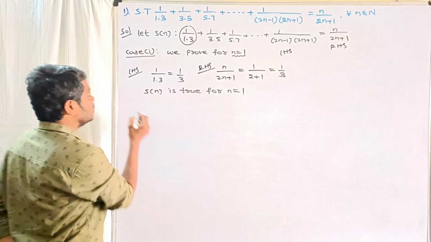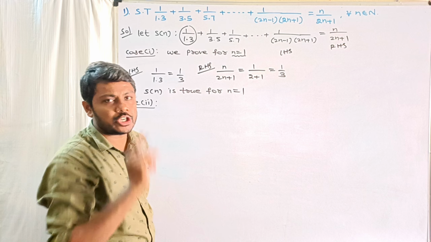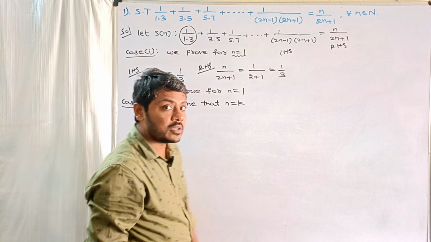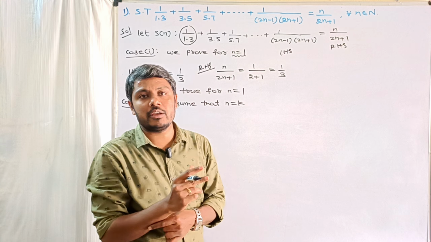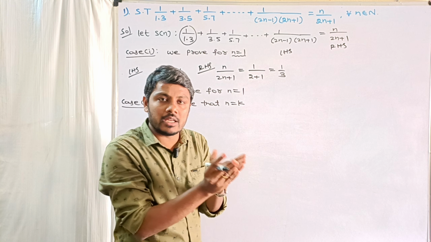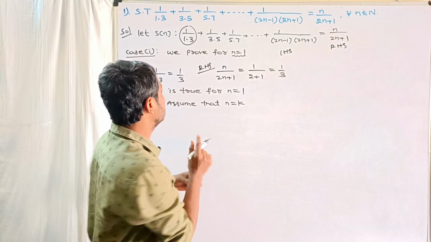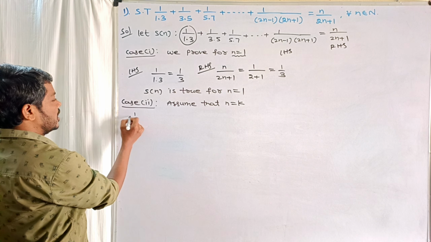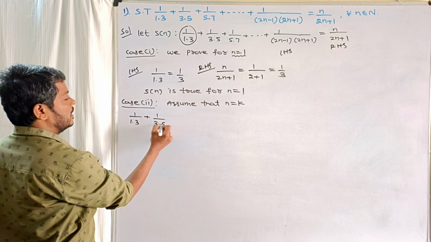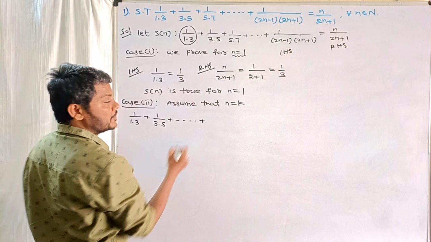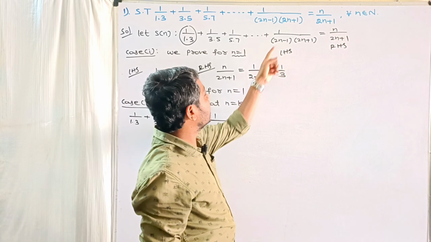So next, case 2. Here case 2 is assume that n is equals to k, means the given statement is true for n is equals to k. So you can write LHS as well as RHS, but replace n by k. That is 1 by 1 into 3 plus 1 by 3 into 5 and so on, 1 by, what is the n value? k.